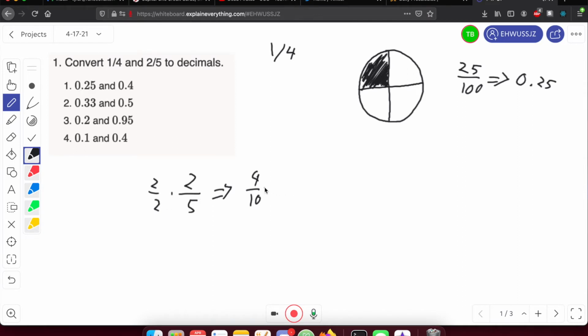And 4 divided by 10 is 0.4. So 2/5 is the same as 0.4, and so we see that solution 1 is the correct answer.